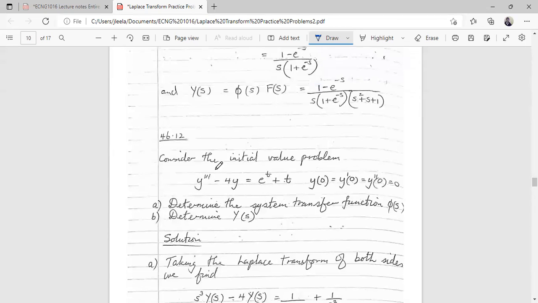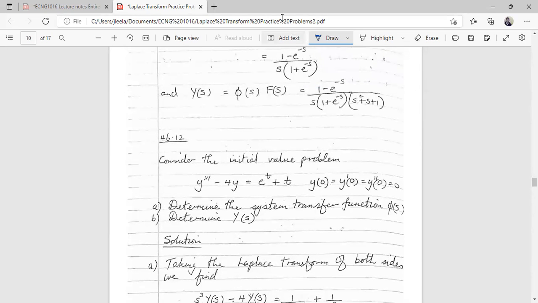So just take a look at it there and see if you follow everything so far.